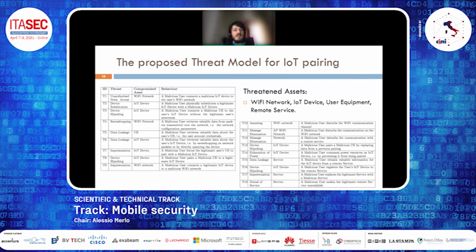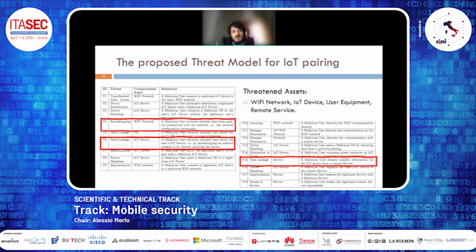The involved assets are the Wi-Fi network, the IoT device, the user equipment, and the remote service, which are all present in our schema. Among the identified threats, let me focus on those that are highlighted because these are the ones that we implemented in our case study.